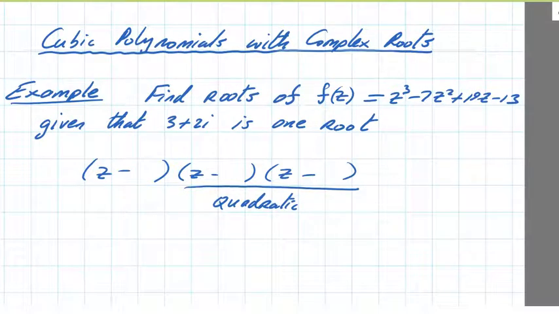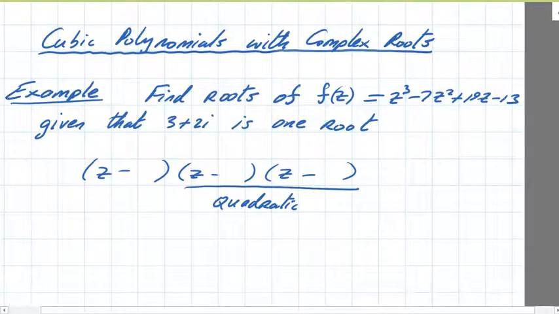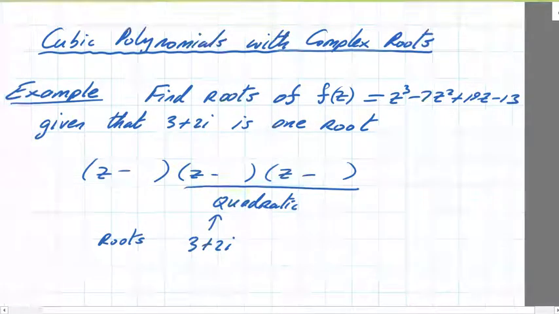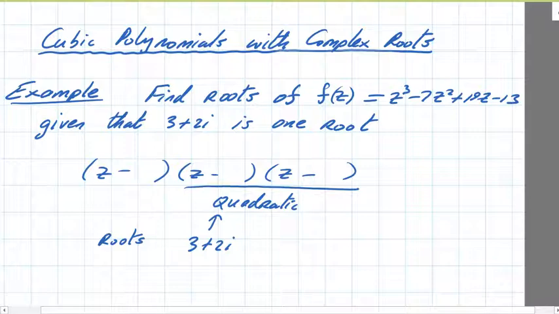And what we know about quadratics from the last section is that in a quadratic, the roots occur in pairs. Now, we already have one root. It's 3 plus 2i. We're given that. So 3 plus 2i is one root, so that's a root of one of those. So if that's a root, well, we know from the last section that they occur in conjugate pairs.